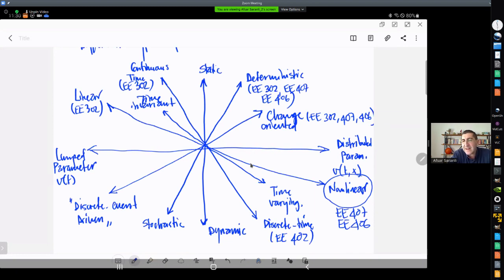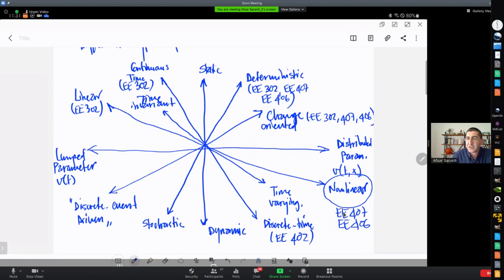But in time varying systems, parameters themselves become a function of time. Now I will give examples on each one of these, or not all of them, but those that we will be concerned about in this course, in the coming minutes.